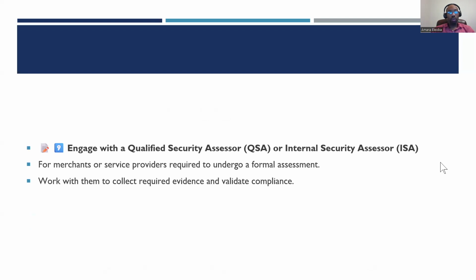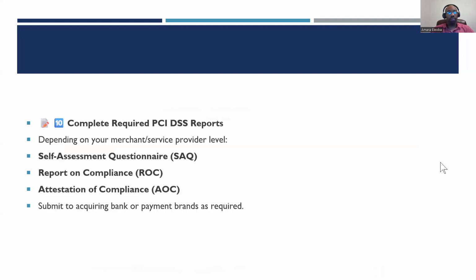Number nine, if you are a level 1 merchant, you will engage a QSA. For level 2, you can if you have the option, but for level 1 it is a must.